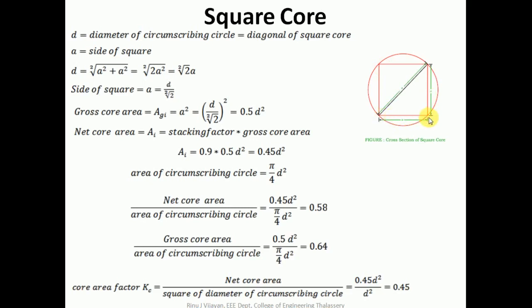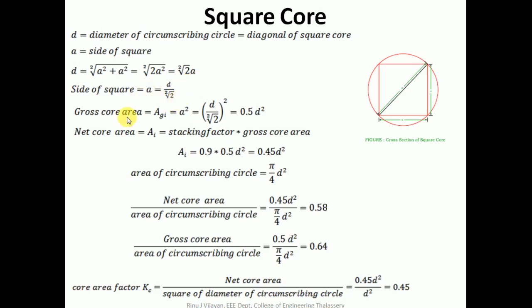The side of the square is indicated as small a. From this right angle triangle, you can easily say that d is square root of 2 into a, which is represented here. From this relation, the side of the square, a, can be written as d by square root of 2.